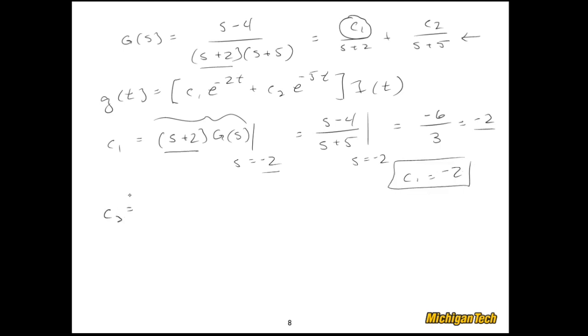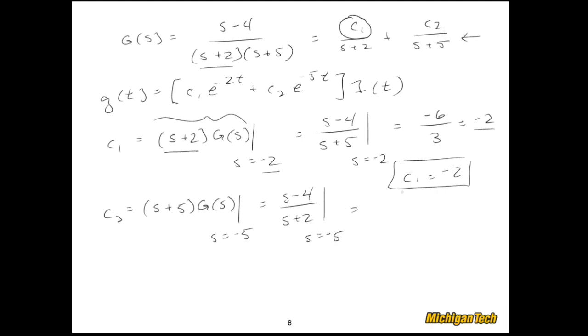c2 is equal to s plus 5 times g of s, evaluated at s equal negative 5. And what that provides is s minus 4 over s plus 2 at s equal negative 5.